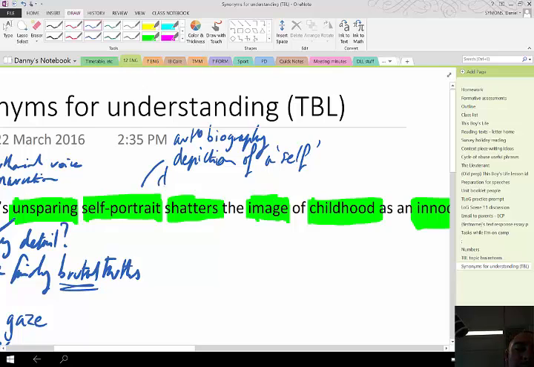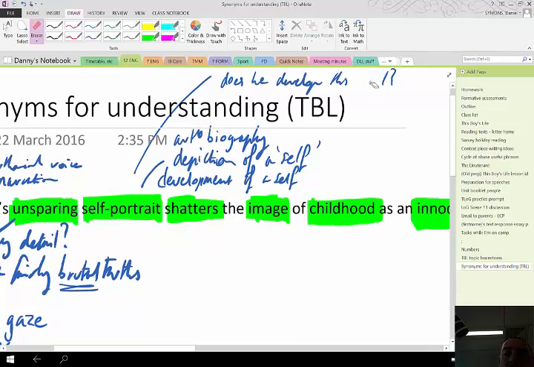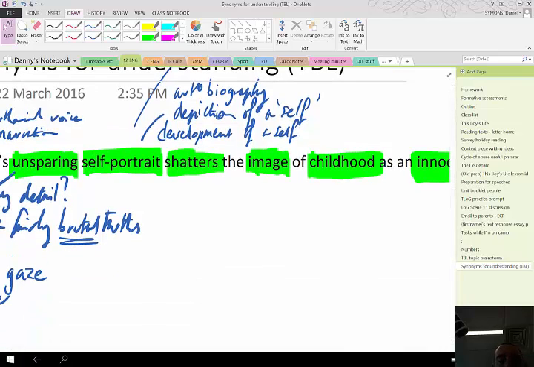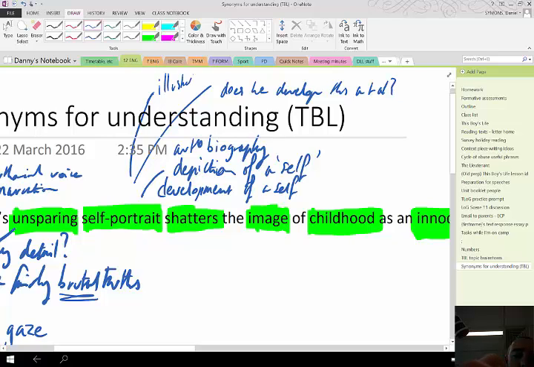So we are seeing not only the depiction of the self, but the development of self. And you might call that into question by saying, well, does he actually do that? Does he develop this at all? I'm shifting between the questions. Maybe it's a bit naughty. Self-portrait, development of self, portrait, depiction, development, maybe illustration. All these words help us to explain.